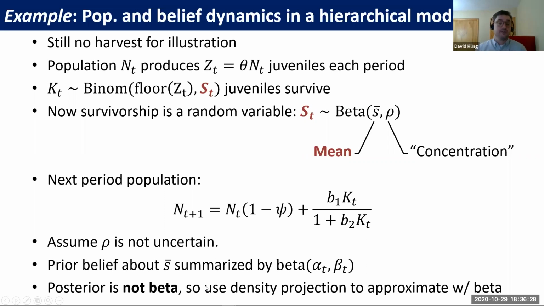You lose that conjugate property. Density projection restores it, so that we can have updated beliefs across periods staying within the same approximating beta family, which is very important for making this model feasible to solve.